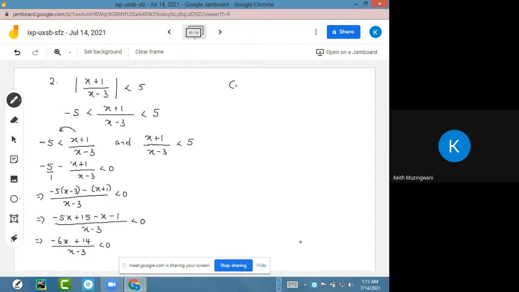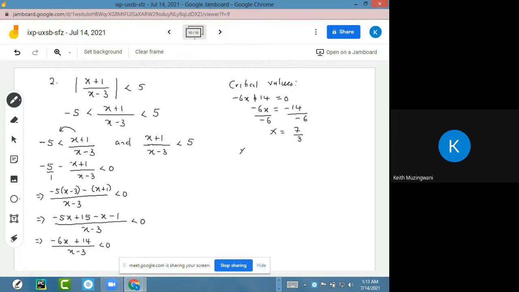Critical values. -6x plus 14 is equal to 0, giving us -6x is equal to -14, divided by -6 both sides. So x is equal to 14 over 6, which is 7 over 3, dividing by 2 there.